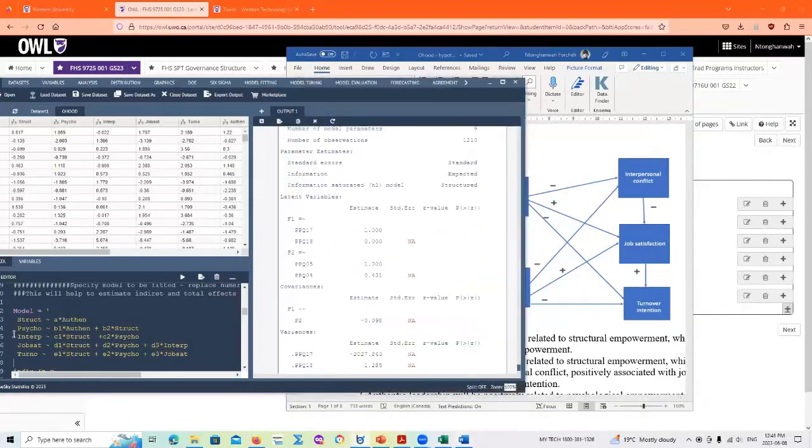Let's look at the coefficient anyway. This is the line we're talking about, from interpersonal to psychological. So let's take that line.